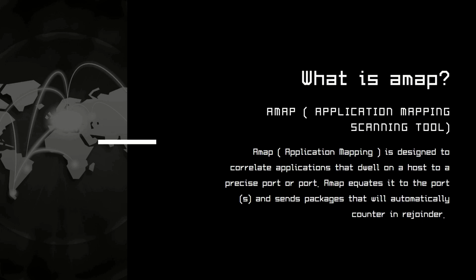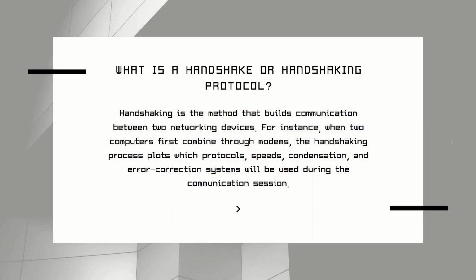Now let's move ahead and see what is handshaking or a handshaking protocol. Handshaking is the method that builds the communication between two networking devices. For example, when two computers or two machines first connect through modems, the handshaking process sets which protocol, speeds, compression and error correction systems will be used in the different communication sessions.